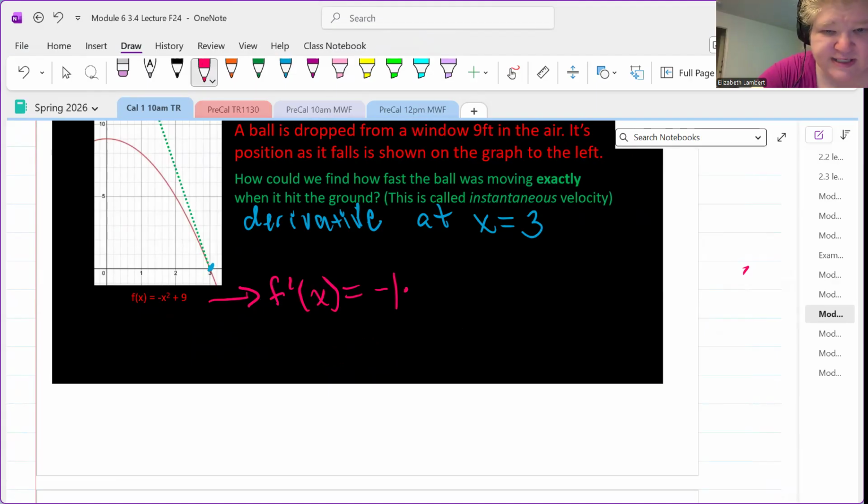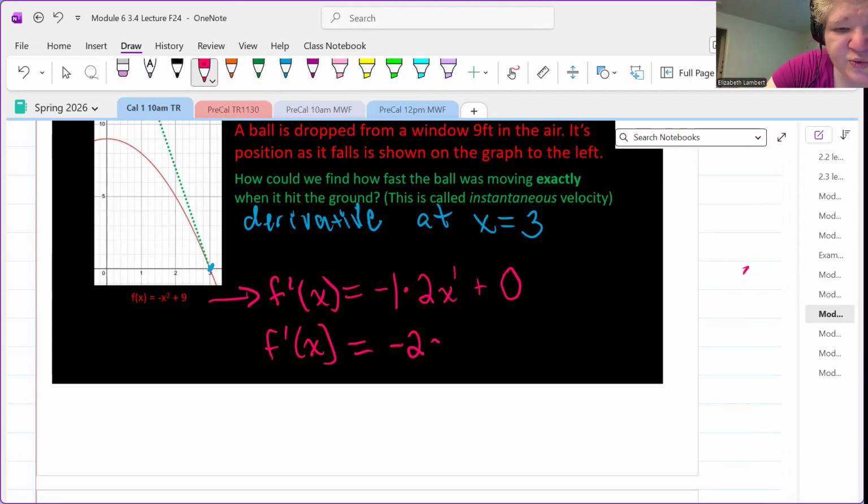We bring the power down, 2 times, and then instead of the second power, it's now the first power. Plus 9 is a constant, so the derivative of a constant is 0. So our derivative function, the derivative for any time, is -2x.